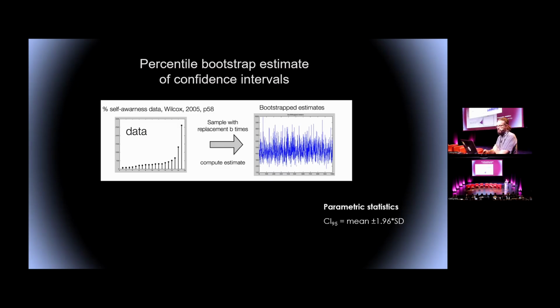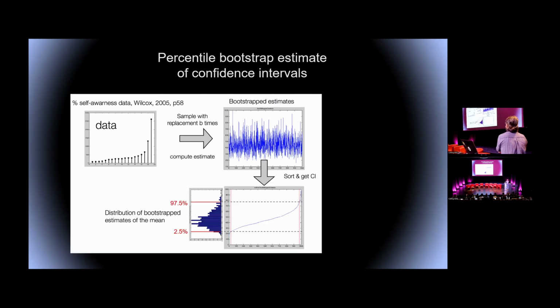So what we do is sort these values. These are the same values, but here they're sorted from lowest to highest. And we can also compute the histogram of the values. Then we set some threshold, an upper threshold and a lower threshold. That gives us the 95% confidence interval of our data.